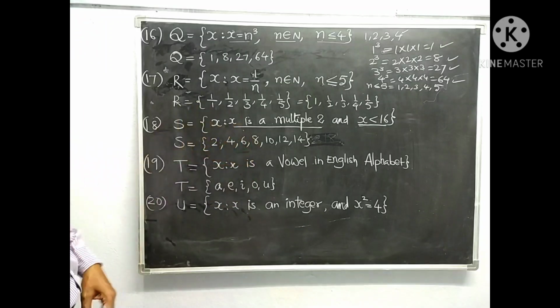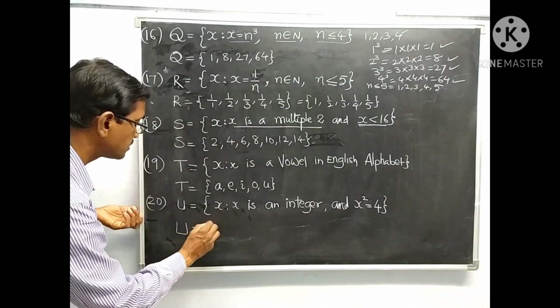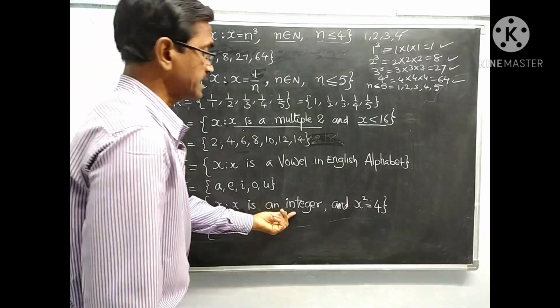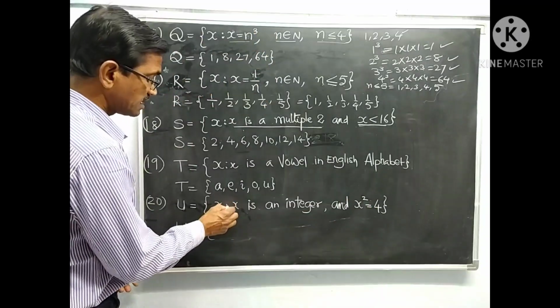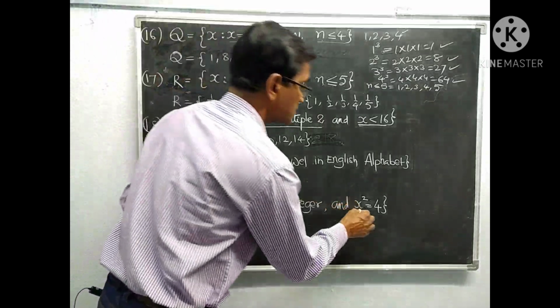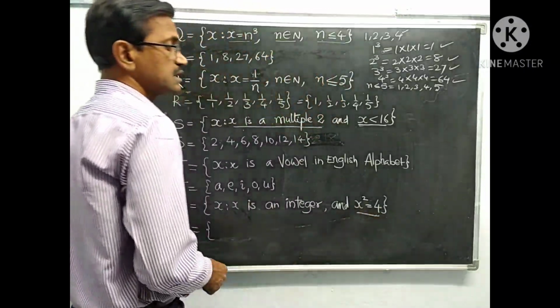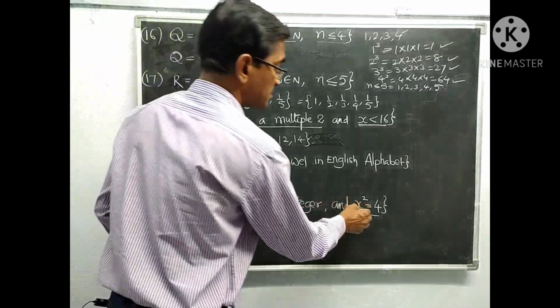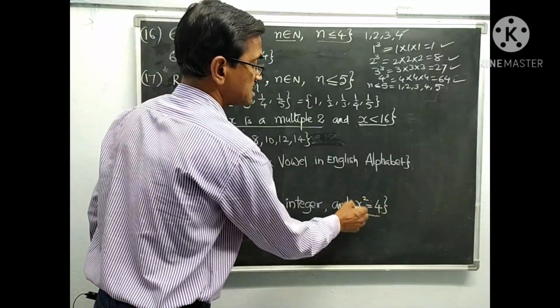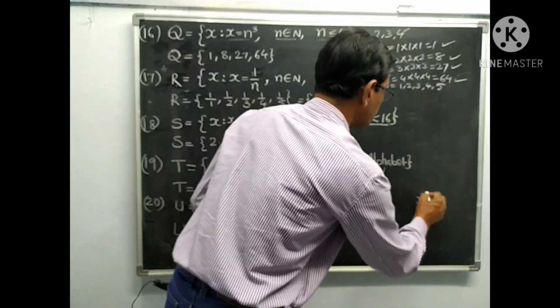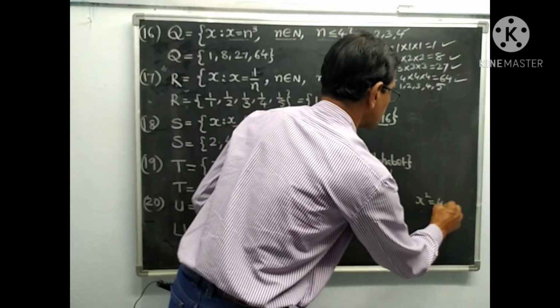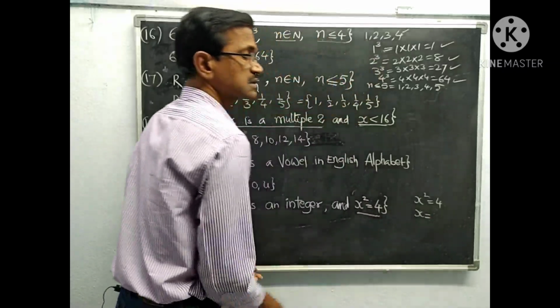Here next, U is equal to x such that x is an integer and x square is equal to 4. X is an element that should satisfy this condition. So how can we find the x values? We have to find the values of x from this equation and write them here. If x square is equal to 4, then x is equal to what?